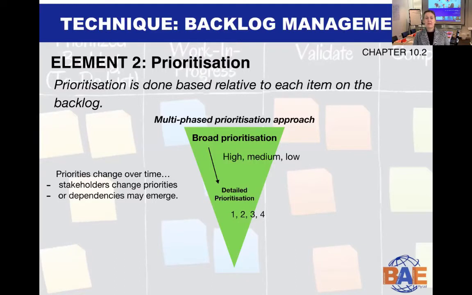Now, there might be a bit of a multi-phase prioritization approach going on, where in the beginning, you might just have a high-level understanding of certain items on the backlog. And based on that, it might be quite a broad prioritization. So it might simply be that certain items that have been defined get prioritized as a high, medium, or a low item that needs to be looked at.